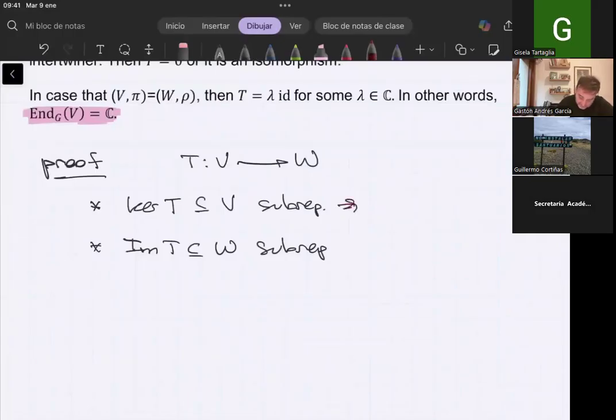For V, we have two options: the kernel is zero or the kernel is everything. And the same for W: the image is zero or the image is everything.